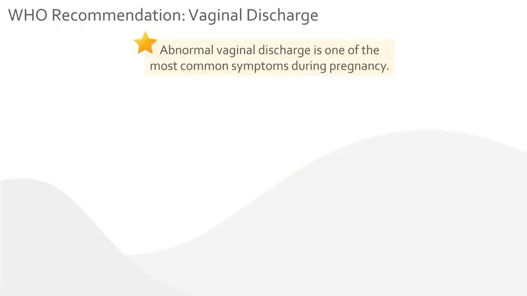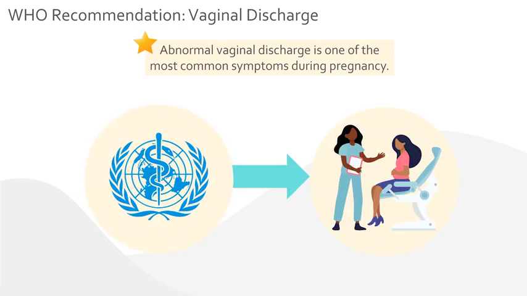Abnormal vaginal discharge is one of the most common symptoms during pregnancy. Regardless of laboratory capacity, WHO recommends careful history taking and examination to guide diagnosis and treatment.